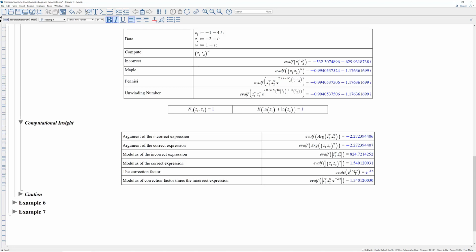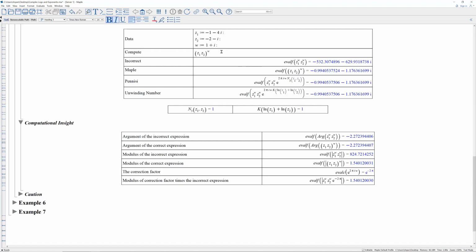Let's look at the correction factor. E to the 2 pi I W, and K or N3 are 1, so they're not showing up here. So e to the 2 pi I W is e to the minus 2 pi.